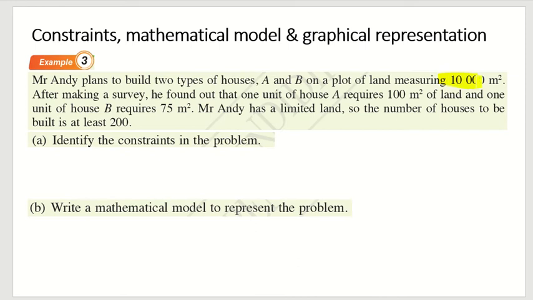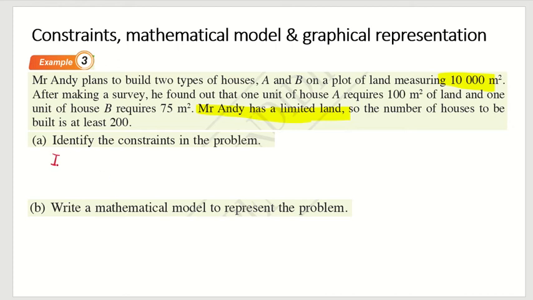The first one is this one. What is equal to 10,000 meters square? 10,000 meters square. Total land, is it? The total land. Mr. Andy has limited land. Okay, the total land is 10,000. Okay, the total land. Is it the first one?